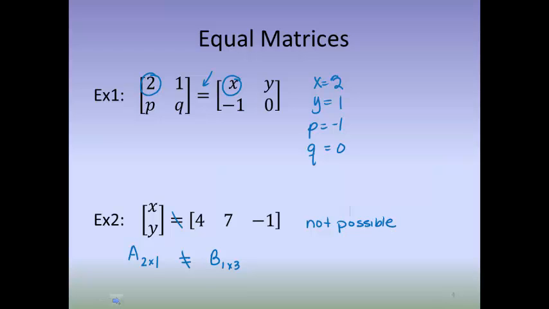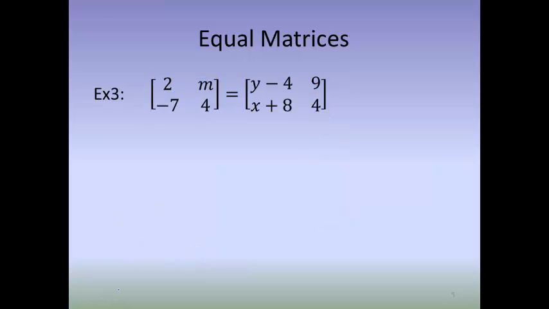Let's take a look at a third example. This example has 2 by 2 and 2 by 2, so we would be able to set the positions equal to each other. So y minus 4 equals 2, m equals 9, x plus 8 equals negative 7, and we already have 4 equal to 4.